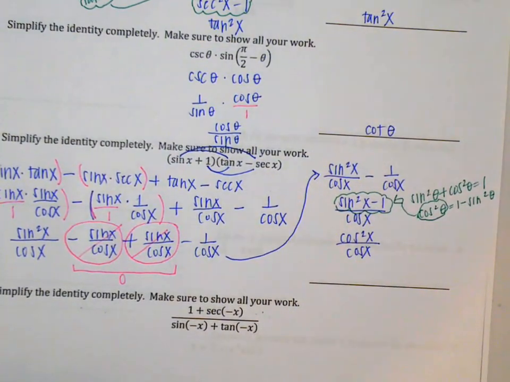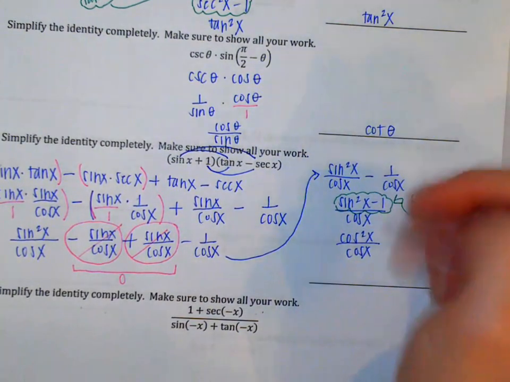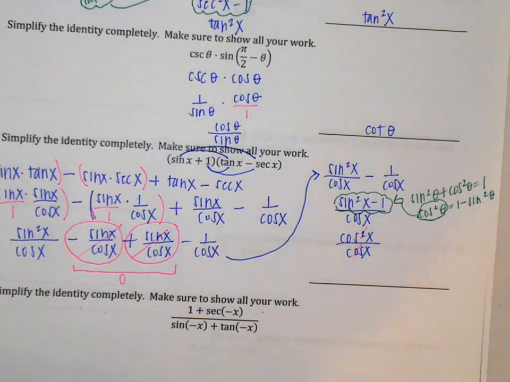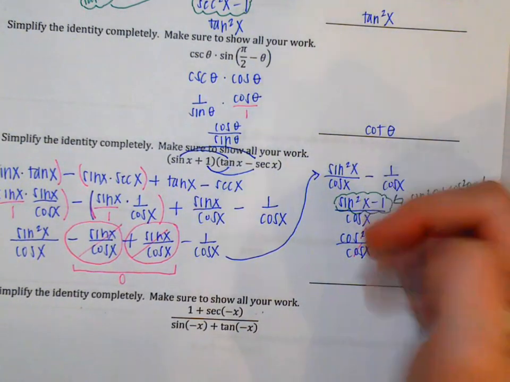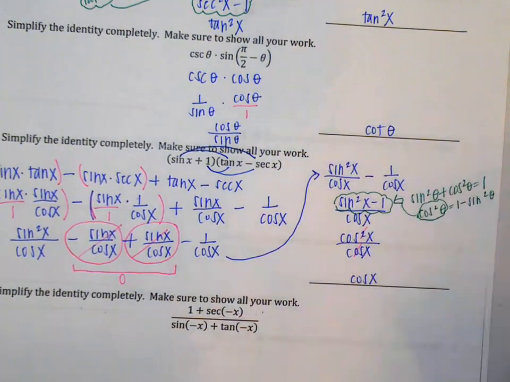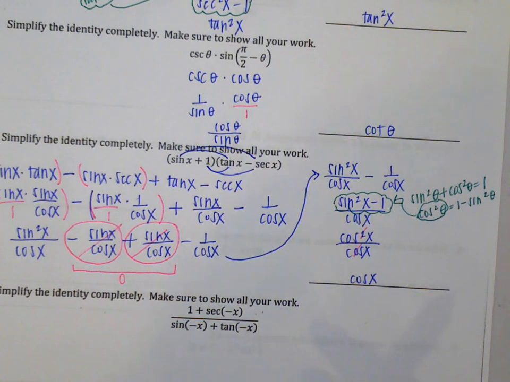I have 2 cosines on top, 1 cosine on bottom, so 1 can cancel on top and bottom, and I'm left with just a regular cosine x. And I'm just realizing that I made a mistake, didn't I? And hopefully you were thinking about that. Let's fix my mistake.